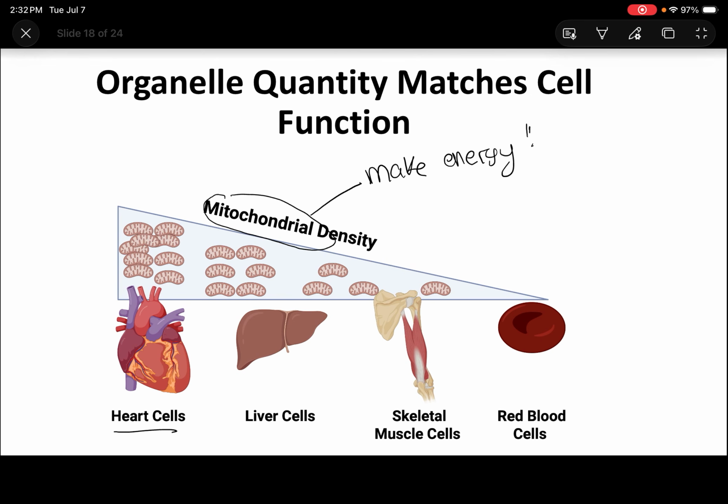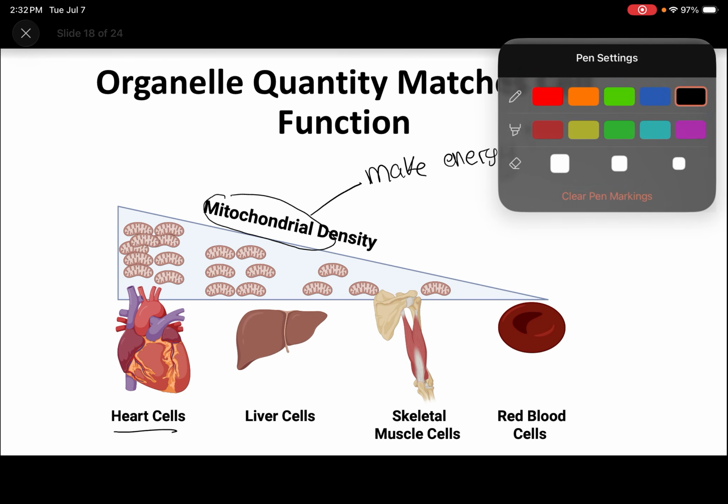Our heart is a muscle that is constantly working and working and working, so it needs energy. It needs a lot of mitochondria. The liver is also another high energy organ system that is really important in lipid production and waste and kind of helping our body sort through different things. So it needs a lot of energy. Our muscle cells, right, movement of our skeleton is going to require a lot of energy.